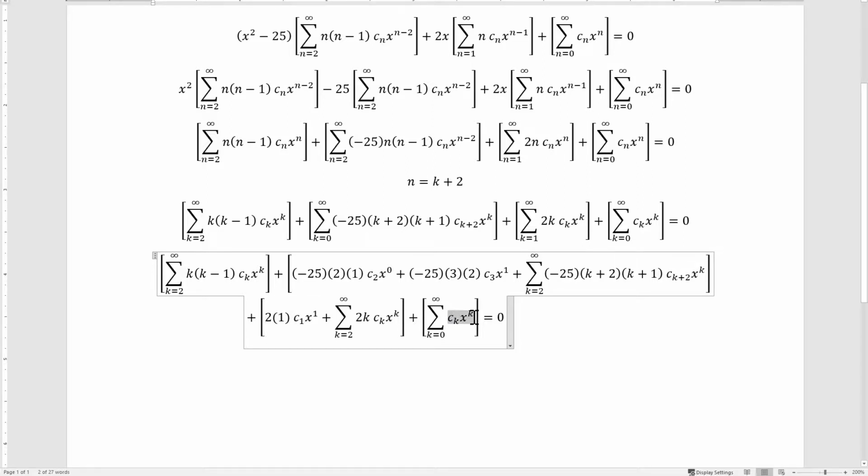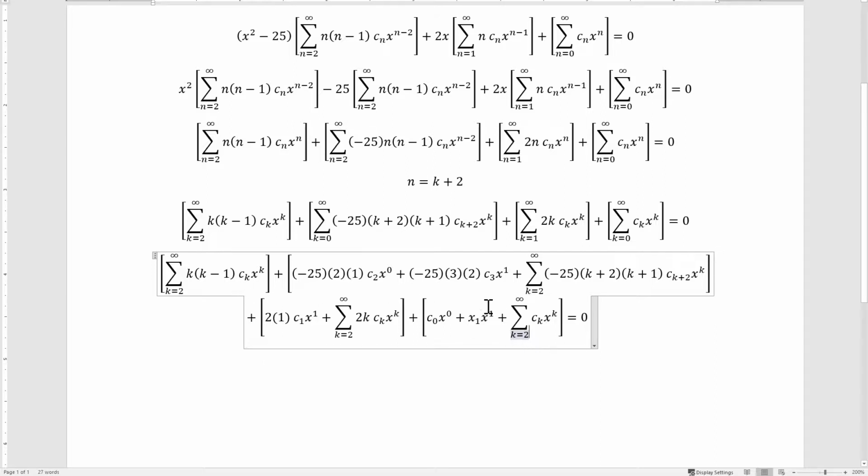All right, this last one we're going to have a couple of terms pulled out here. That's going to be c sub 0 x to the 0 power, which is your constant term, and then c sub 1 times x to the 1. That's your linear term, and then we have a plus the rest of the series where the series starts at 2.